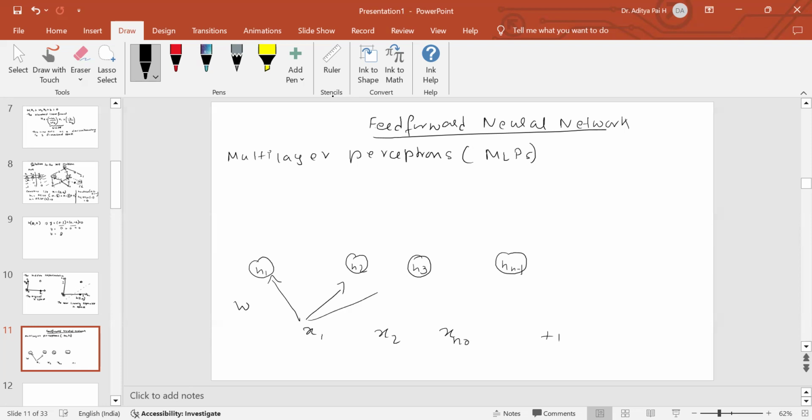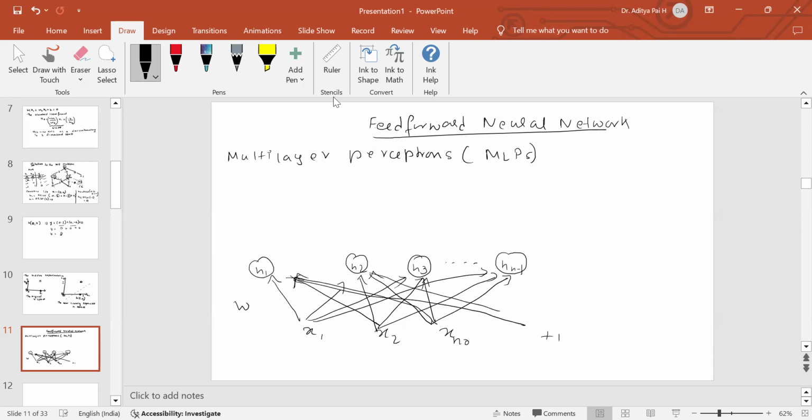You can see that these are the weights being applied. So x1 or x2, we are multiplying with the weights. Even xn0 also, we are applying with the weight w, and even with the bias b.